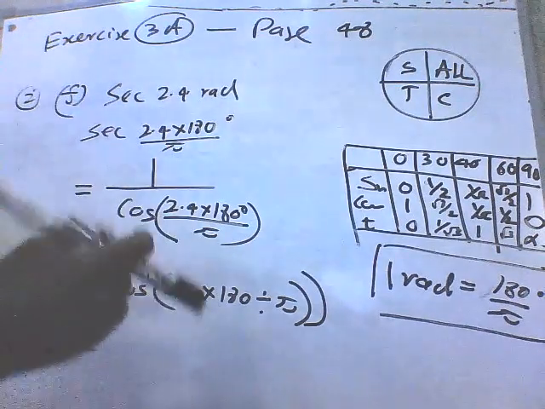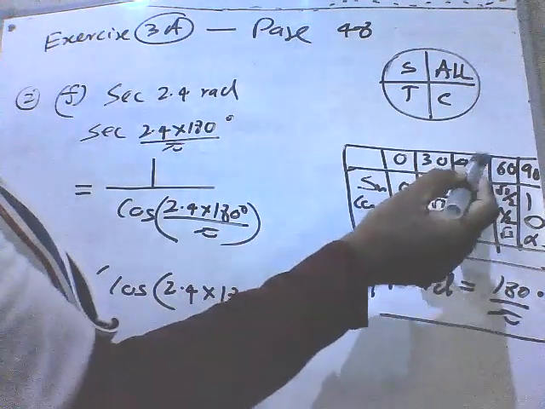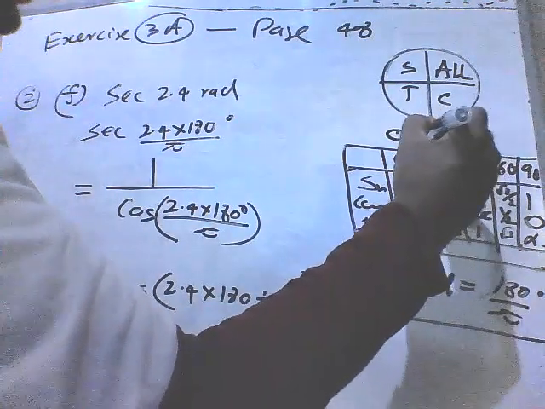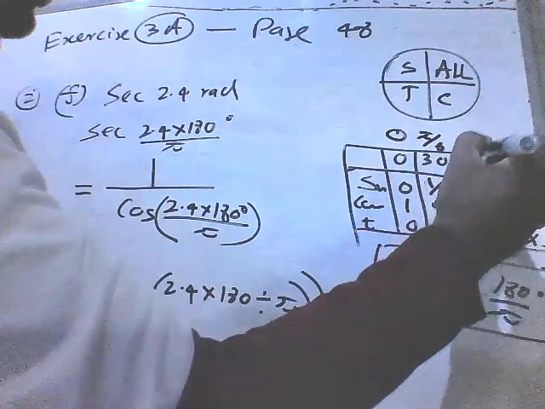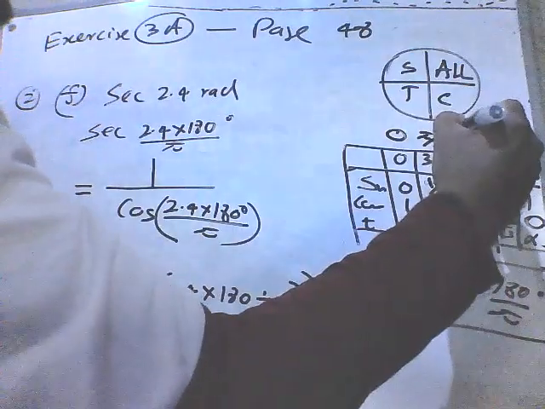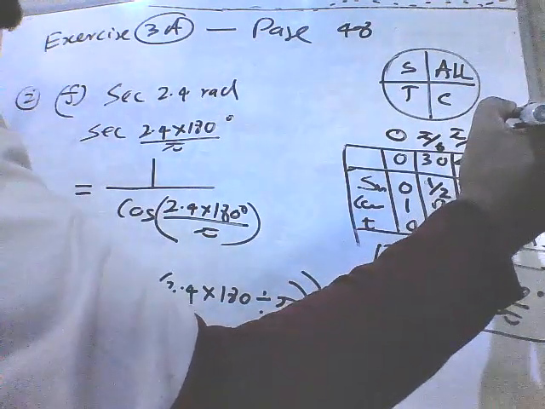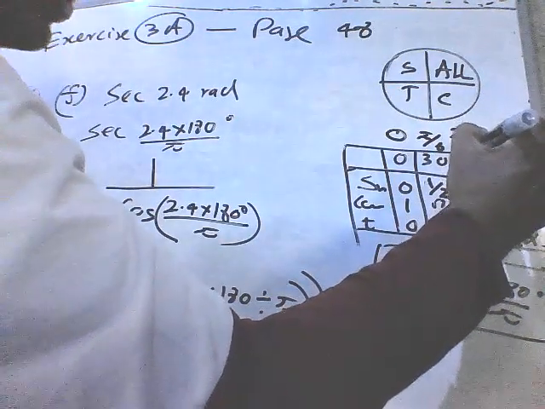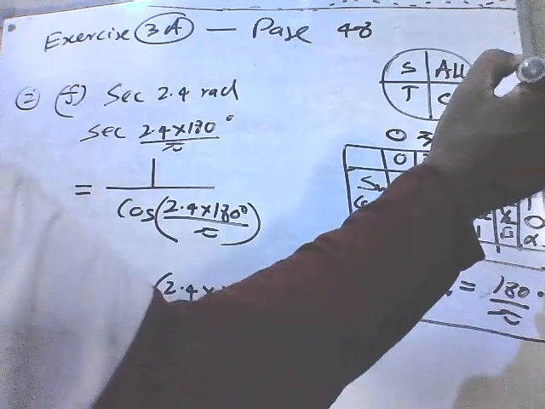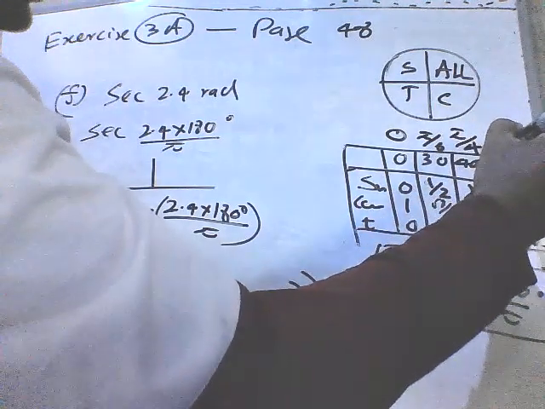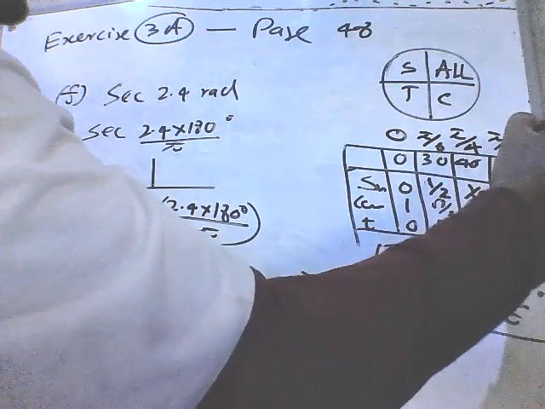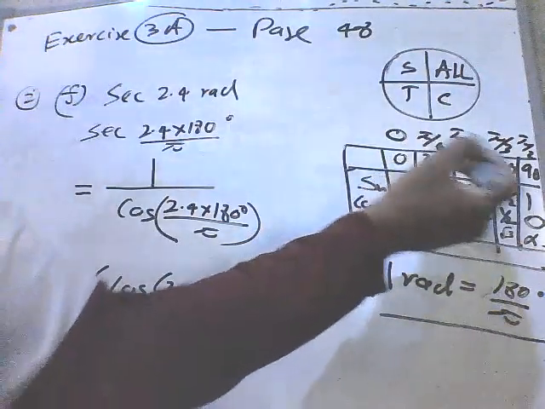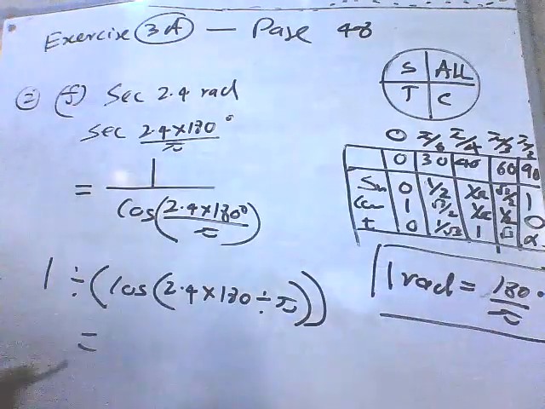So surely those answers involve these angles. So 0 we can leave as 0, 30 is pi over 6, 45 means pi over 4, 60 means pi over 3, and this is pi over 2. So surely these values or these degrees are getting involved.